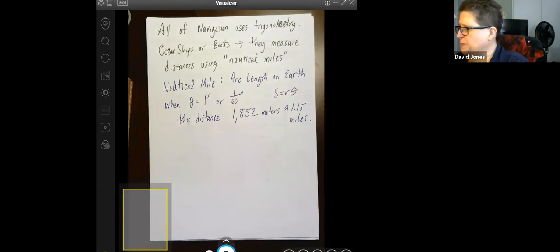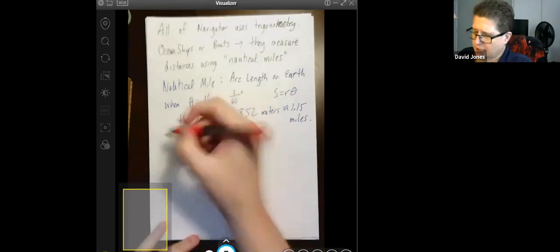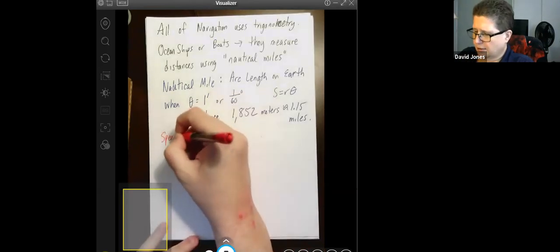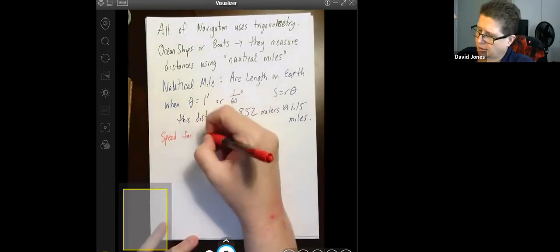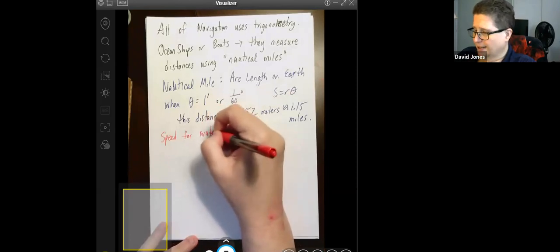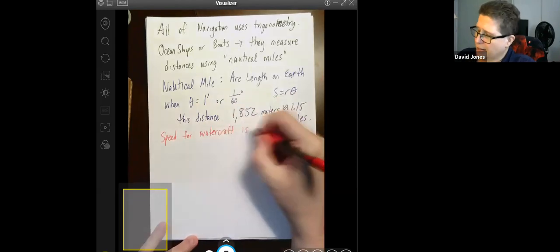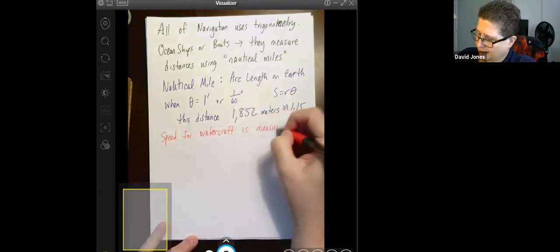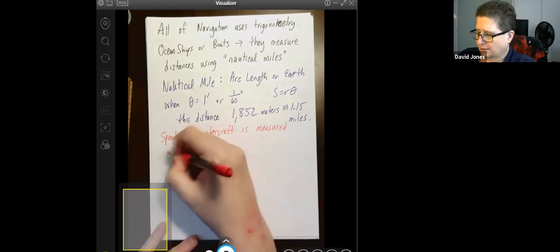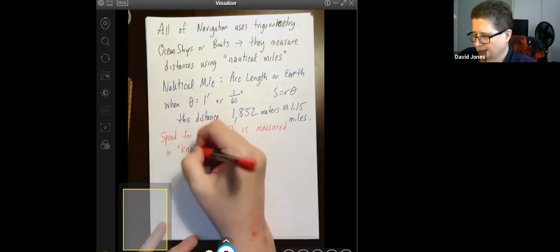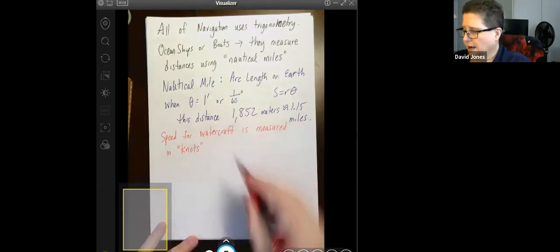And when they do speed in the ocean, or speed for ships, speed for watercraft, it is measured in knots. Like tying a knot, same spelling, knots.